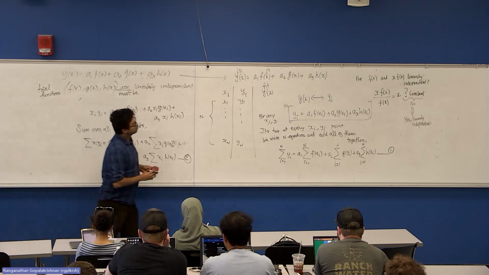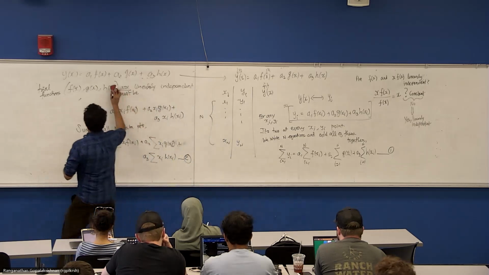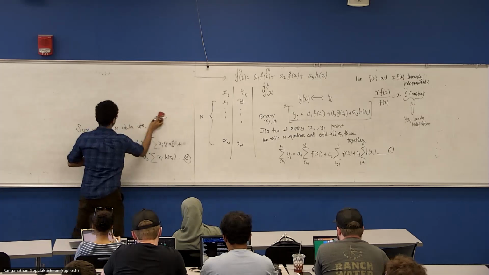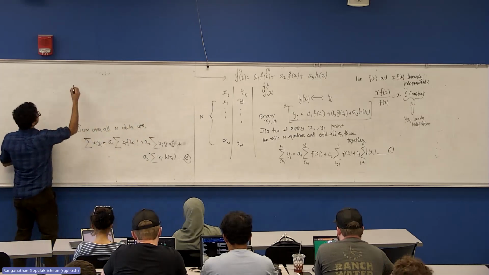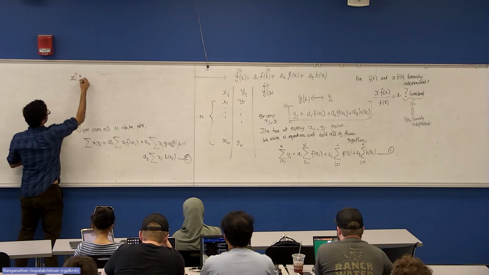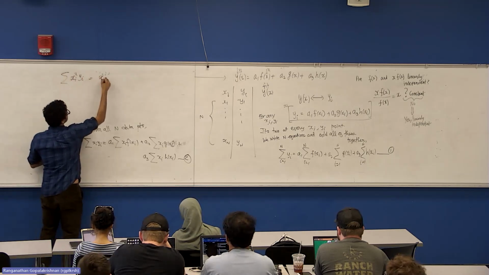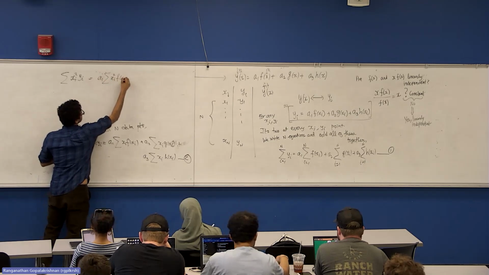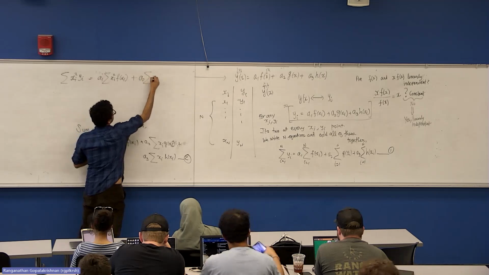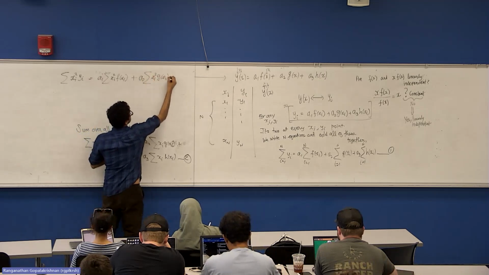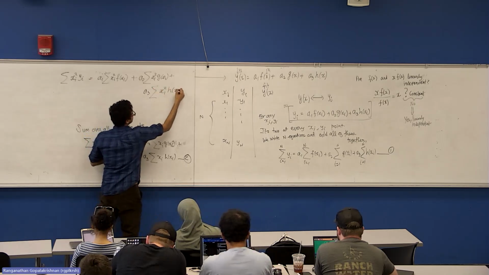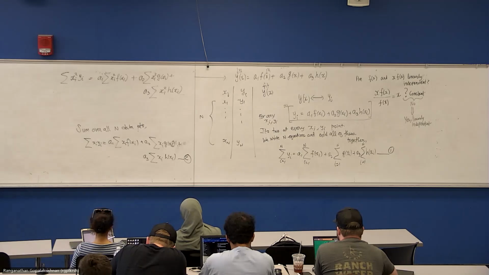So I'll do xi squared yi equal to a1 times xi squared f of xi plus a2 xi squared g of xi plus a3 xi squared h of xi. So I have my third equation.